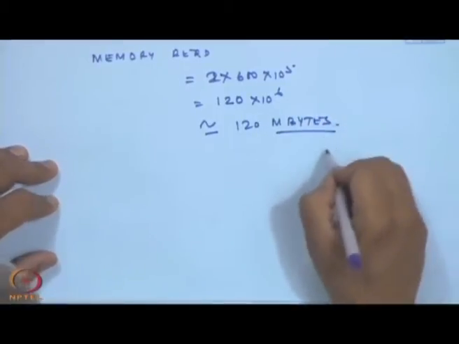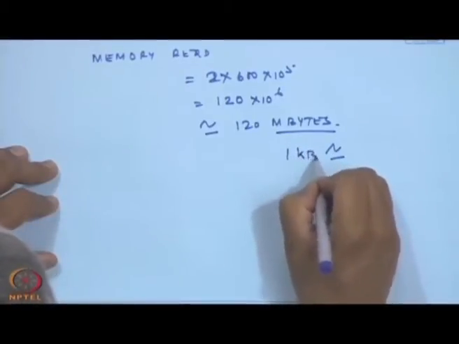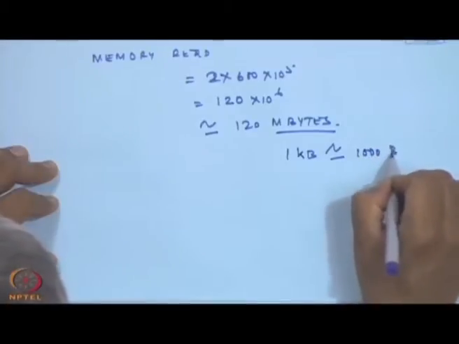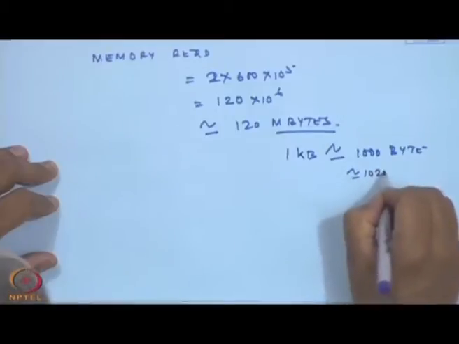Though I have used an approximation that 1 kilobyte is 1000 bytes, that is not quite right, it is actually 1024 bytes.